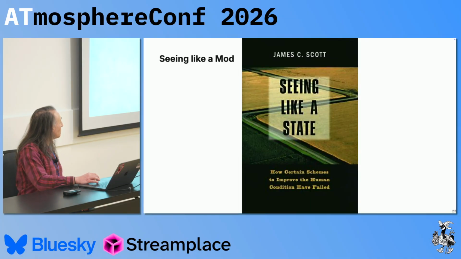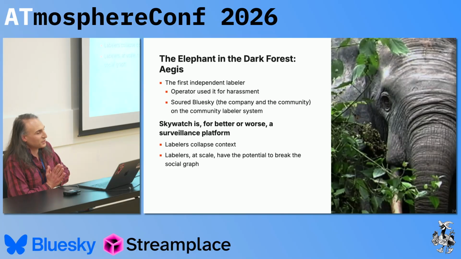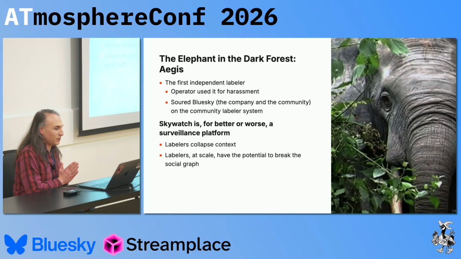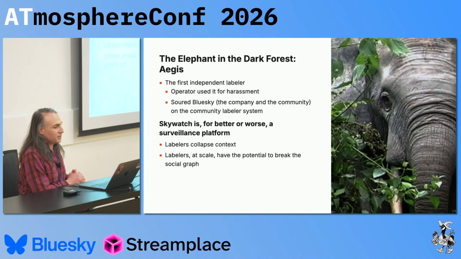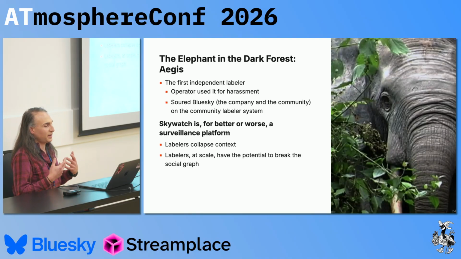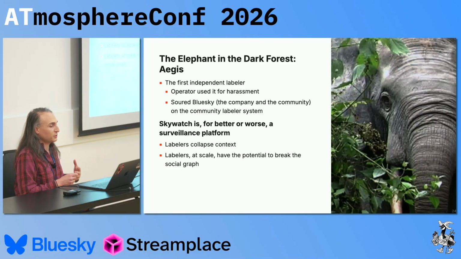All right, I am very close to wrapping up then, so thank you. I do want to talk about the elephant in the dark forest because I'm an independent labeler. If you've not read or watched the three-body problem, the dark forest metaphor is the idea that all advanced galactic civilizations are locked in a bit of real-life game theory, in which the annihilation of any other civilization that they encounter is the only correct move.